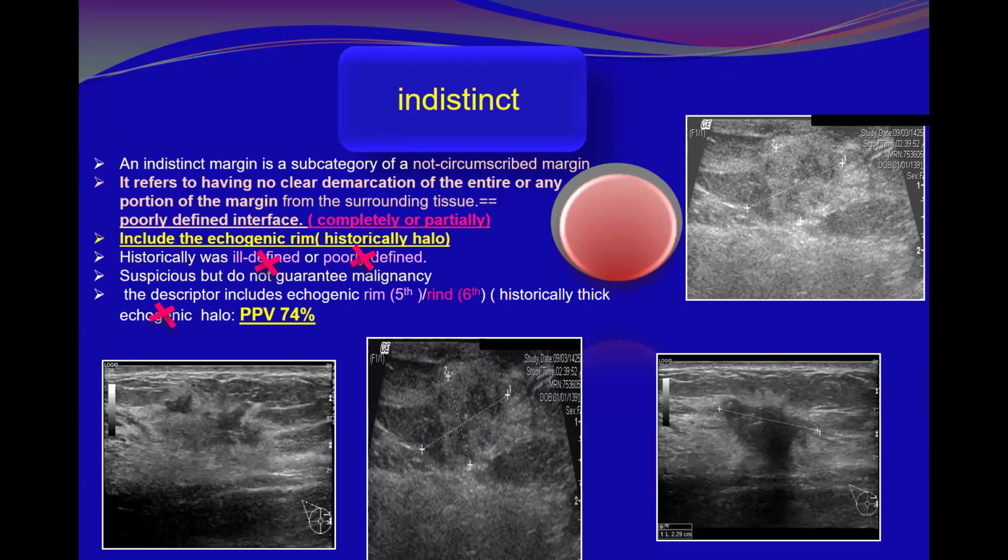Indistinct is a suspicious feature for malignancy. And as I mentioned, it includes the echogenic rim, historically called the echogenic halo, which is no longer used.